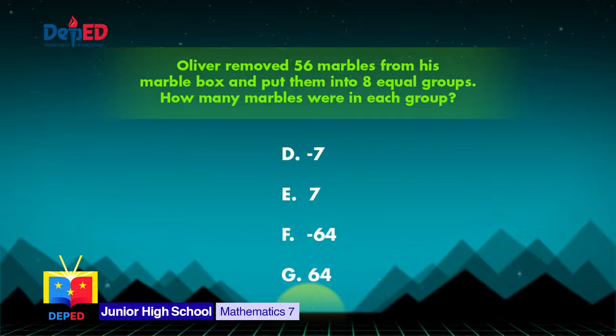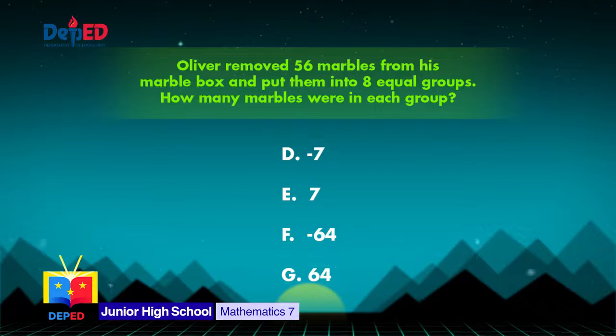Oliver removed 56 marbles from his marble box and put them into 8 groups with an equal number of marbles. How many marbles were in each group? Letter D, negative 7. Letter E, 7. Letter F, negative 64. And letter G, 64.